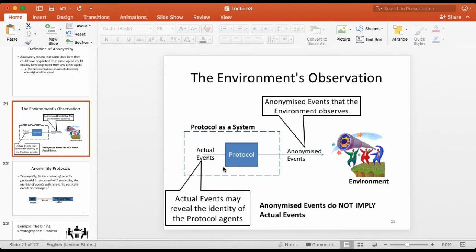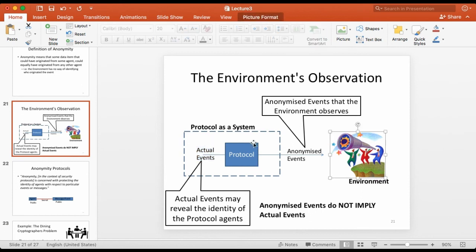In this case, the setup is again slightly different because you do have an observing environment which is trying to understand what's going on in the protocol. But what you really want to do is give that environment a set of events which are completely anonymized, whereas the actual events that do take place in the protocol itself are hidden or shielded from this observing environment.